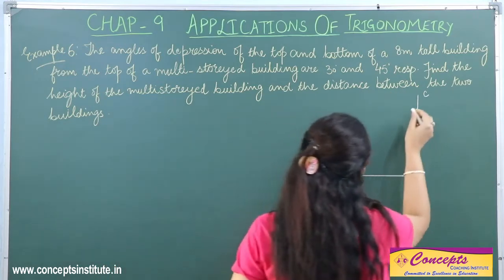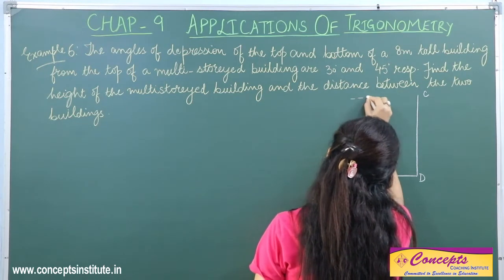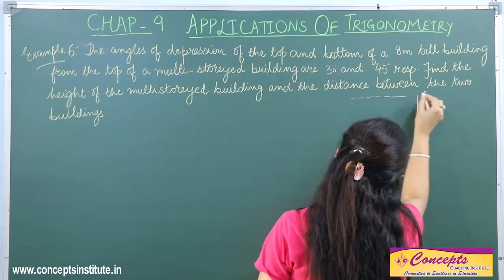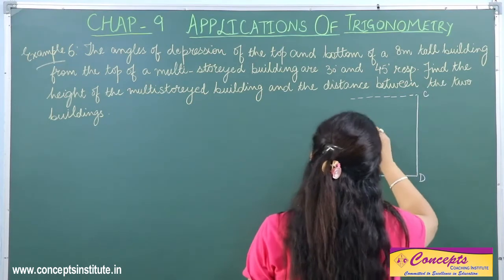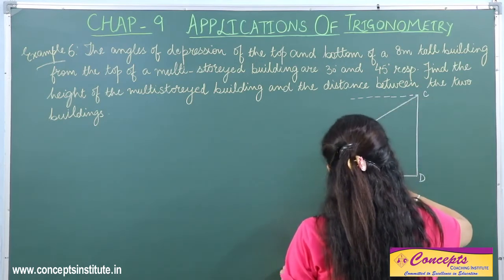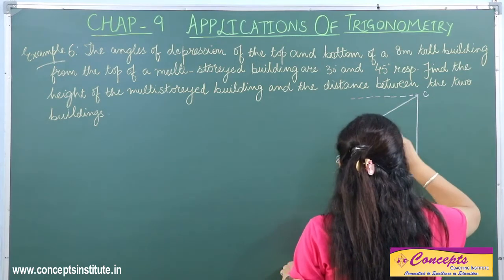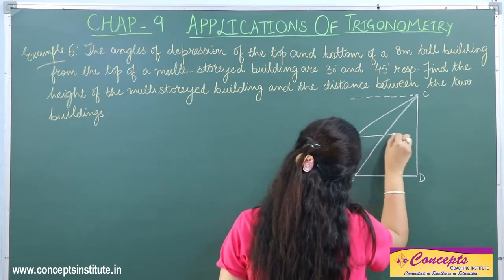So you know that to make the angles of depression, first of all we have to make a horizontal. I am going to make a horizontal at this point, and from this point the angle of depression of the top and bottom. So this is what I will get, and I am going to make the horizontal here also.